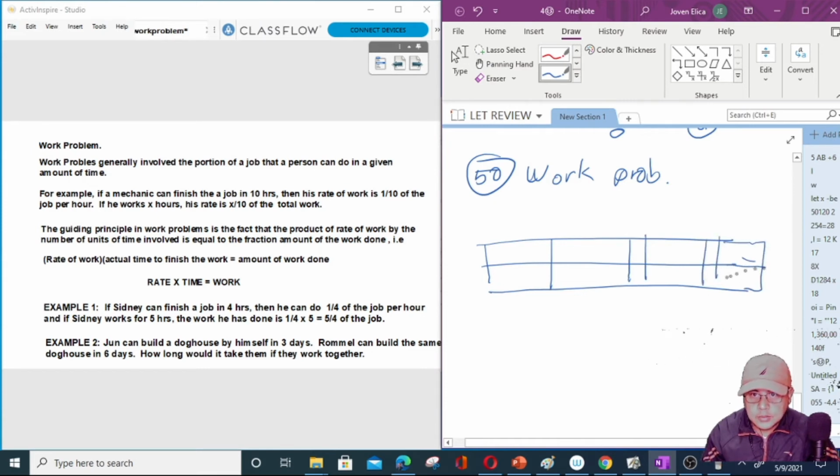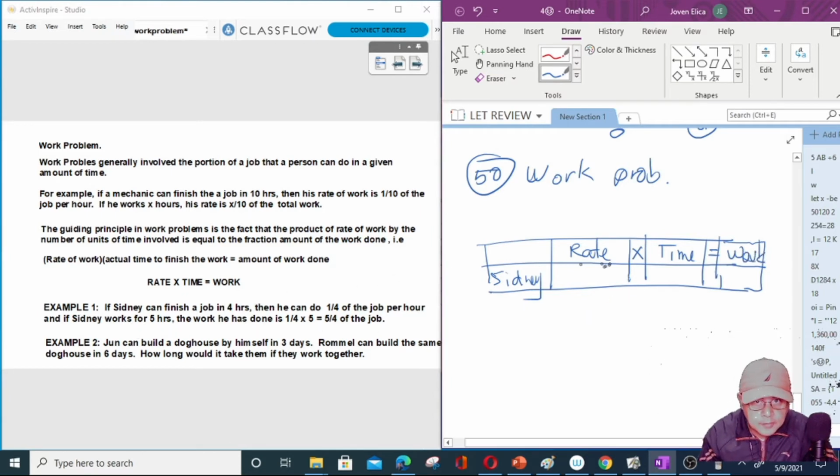Usually this is the person involved, in this case Sydney, then the rate multiplied by the time, equal to the work done.